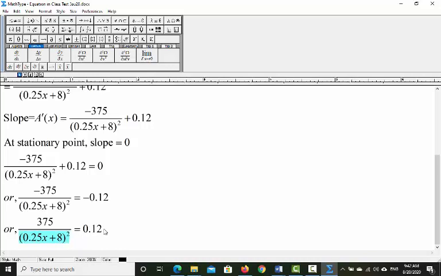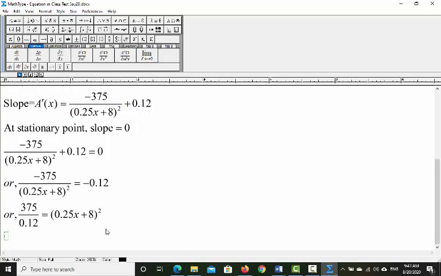So this one can go here, and this one can come here in this position. So under the cross multiplication rule, cross items can replace each other's position.